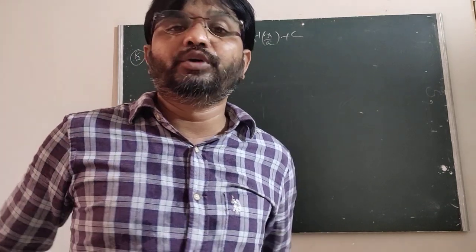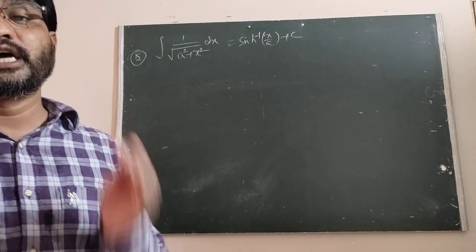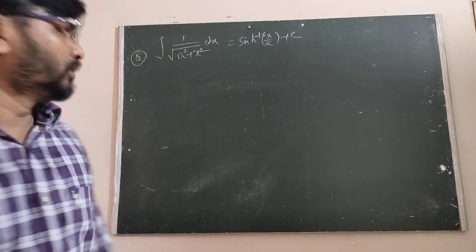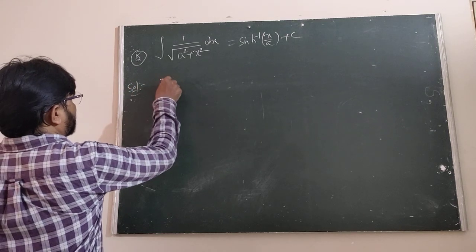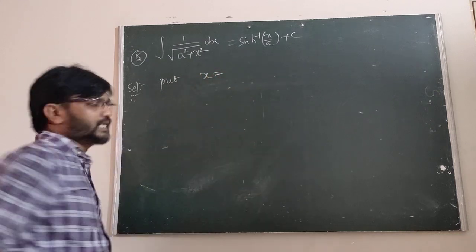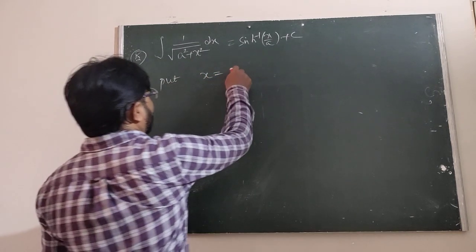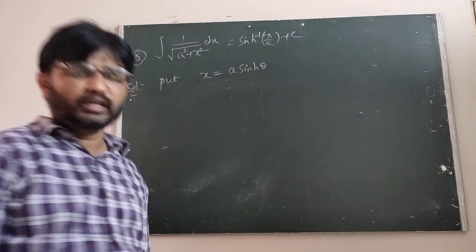In this case, we are taking x equal to a tan theta or x equal to a sin h theta. Therefore, its solution is to put x equal to a sin h theta. Is it okay?